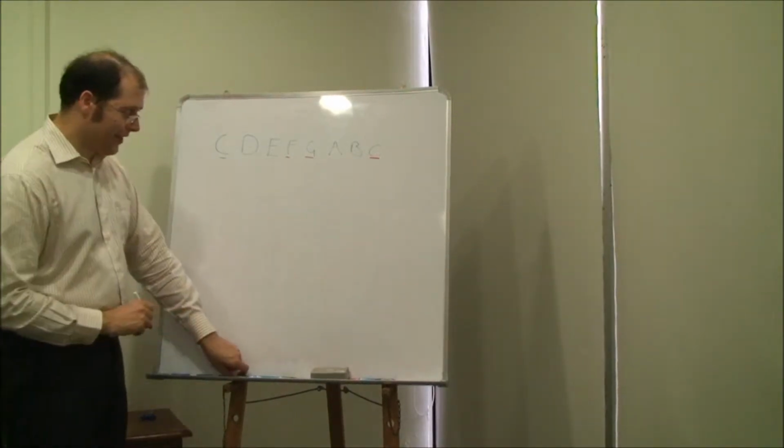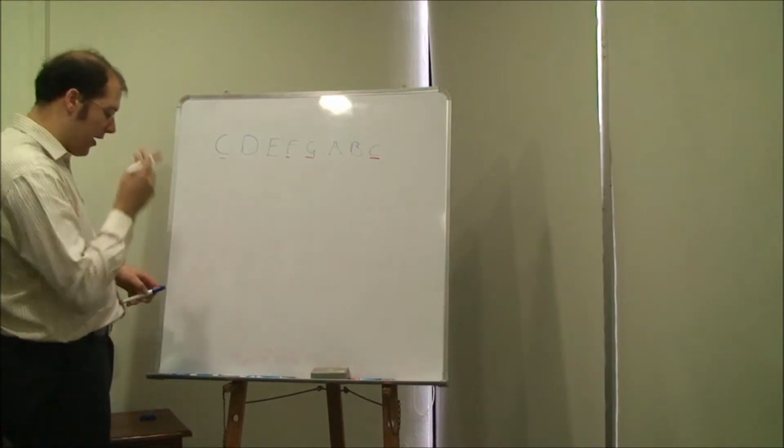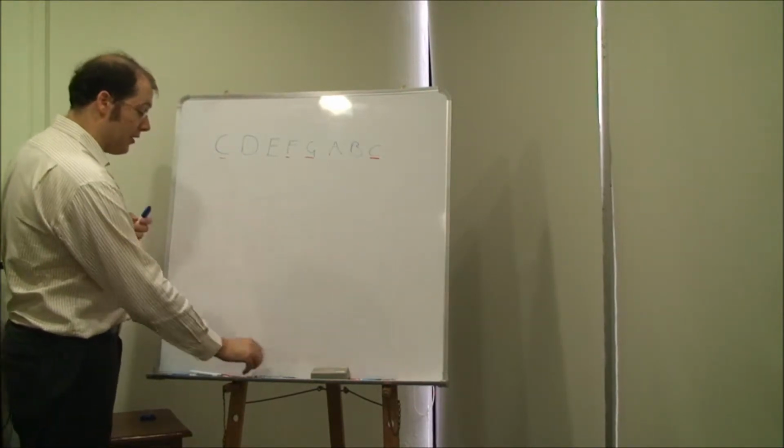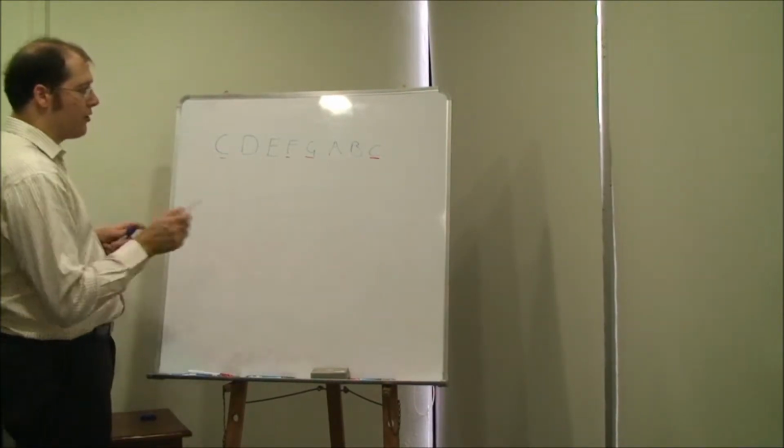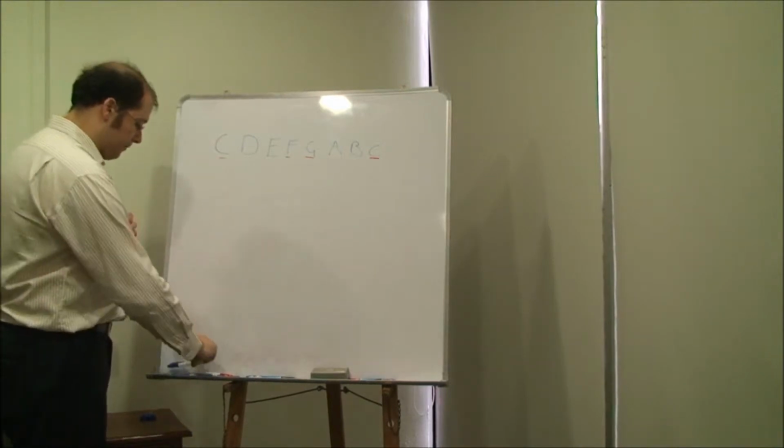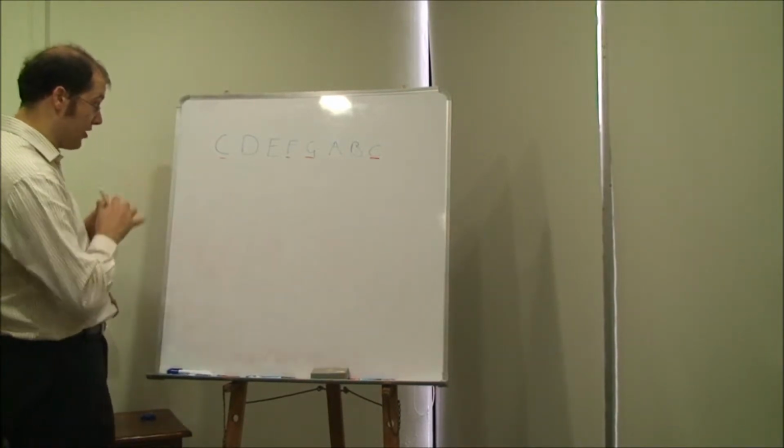Now, of course, it gets a little bit more complicated than that when you really get into the details of it. But that's all that one really needs to know for this section.